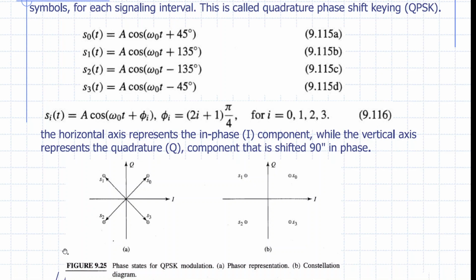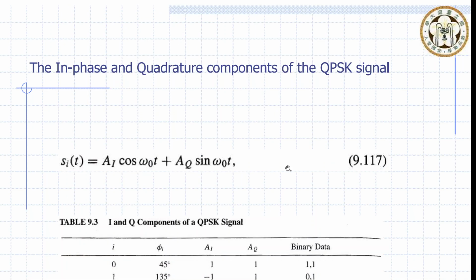So phi 1 of t was root of 2 by T cos(2π fc t), and phi 2 of t was sine. So I represents the cosine carrier and Q represents the sinusoidal carrier, and I and Q are shifted 90 degrees in phase.